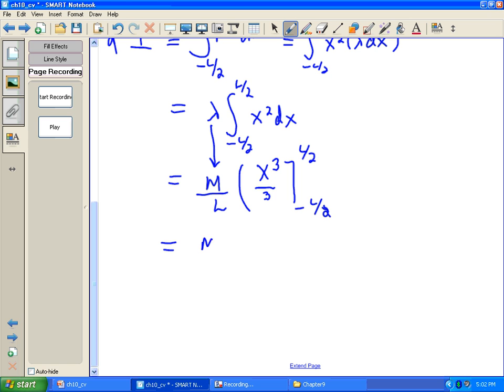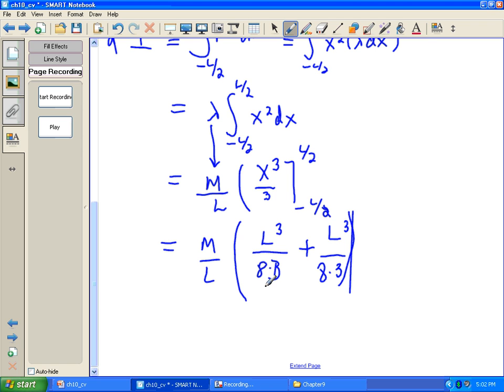We have m over L times L cubed over 8 times 3, the 3 that was already there, minus, which gives us a plus, L cubed over 8 times 3. Well, L cubed over 8 times 3 is 24.